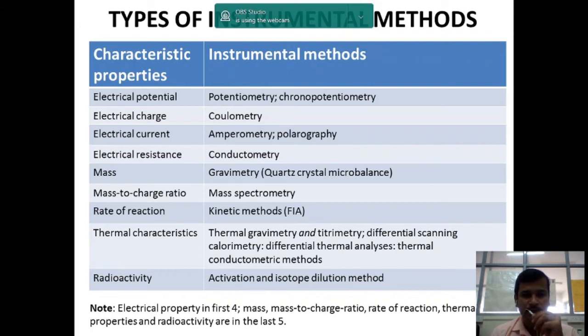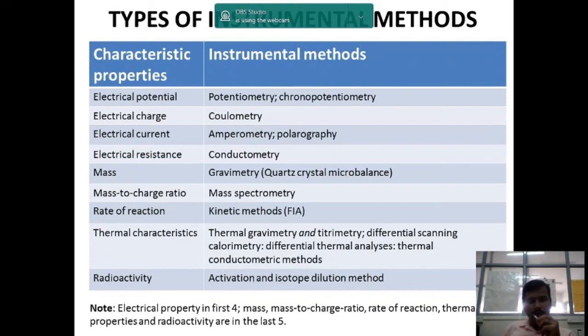All these types of ions are possible in the mass spectrometric technique, where we can see the parent ion, daughter ion, molecular peak and metastable peak. All these things you will study in mass spectrometry. So the mass to charge ratio of the fragmented ion is what you utilize in the mass spectrometric technique.